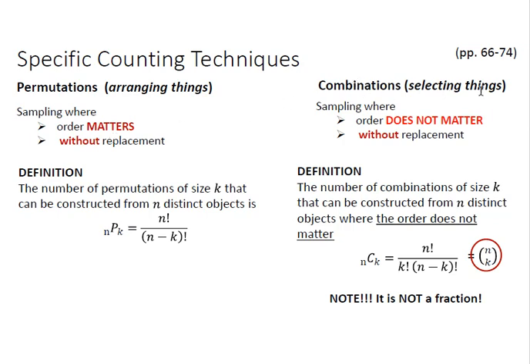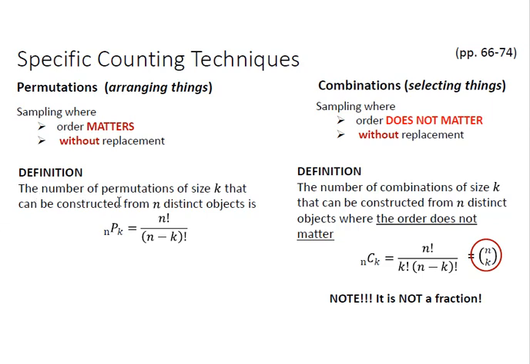In combination, the keywords are selecting, choosing, group, and the order is not important. But in both of them, the sampling is without replacement. Please note that the sampling is always, for both of them, without replacement.